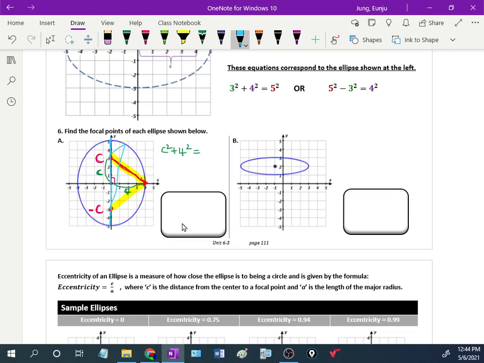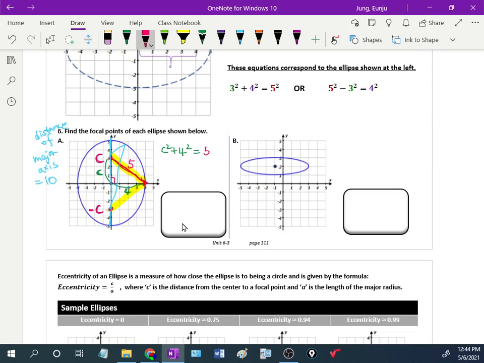Make sense? So let's say the major axis distance is 10. Knowing that, what is half of 10? 5. So this hypotenuse is actually given from half of the string we use to draw.